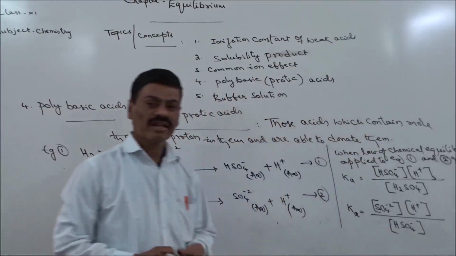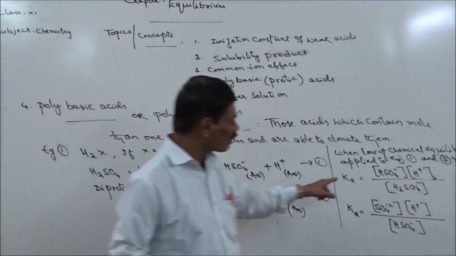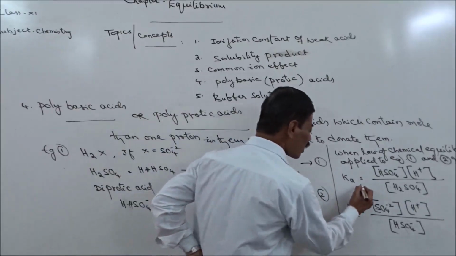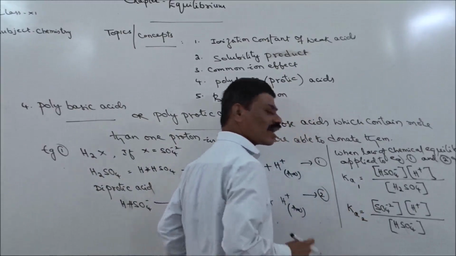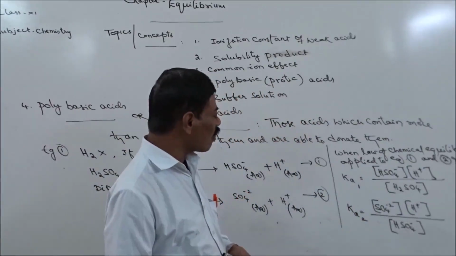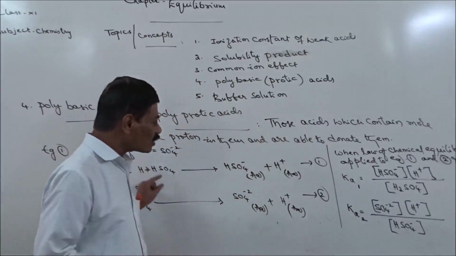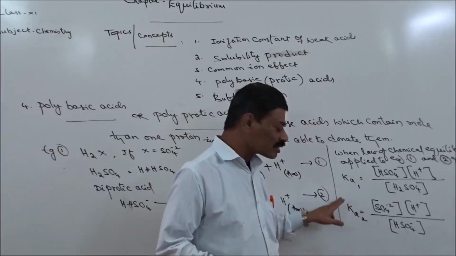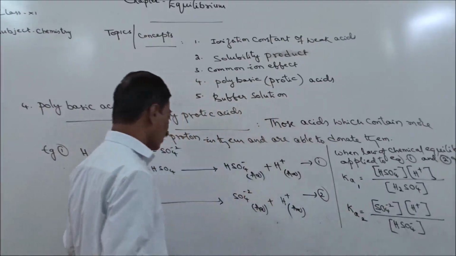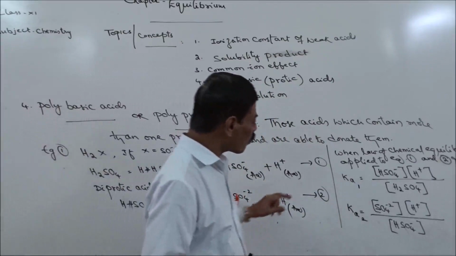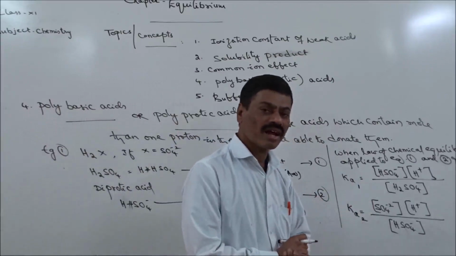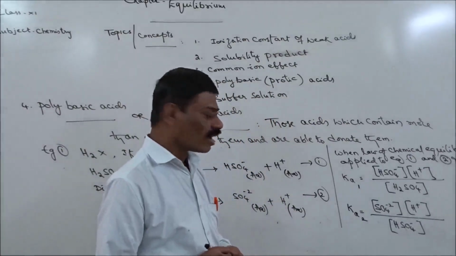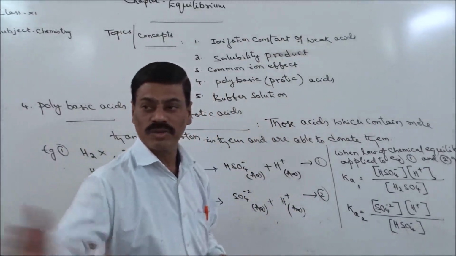Here two terms we have got, that is ionization constant Ka. In order to distinguish one from the other, we will write Ka1, Ka2. Ka1 stands for ionization constant of sulfuric acid when it has donated one proton. Ka2 stands for ionization constant of bisulfate ion which has donated proton present in it. So Ka1 and Ka2 stand for ionization constants of sulfuric acid and bisulfate ion respectively.